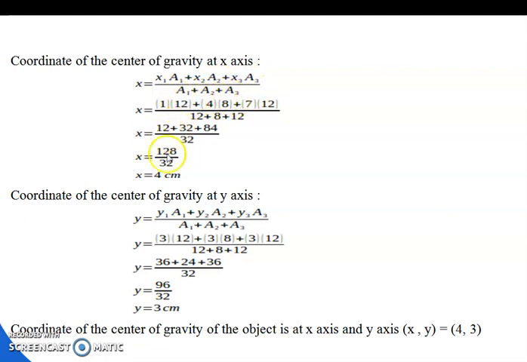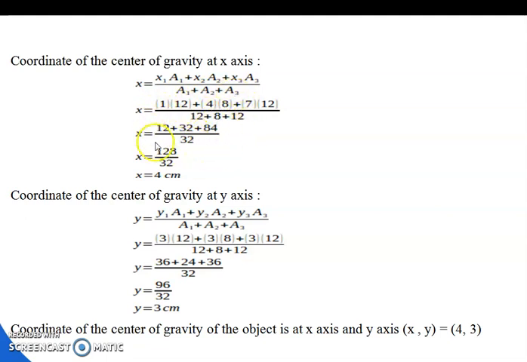So put the values here: x̄ equals (1 into 12 plus 4 into 8 plus 7 into 12) whole divided by area 1 which is 12, area 2 which is 8 and area 3 which is 12.